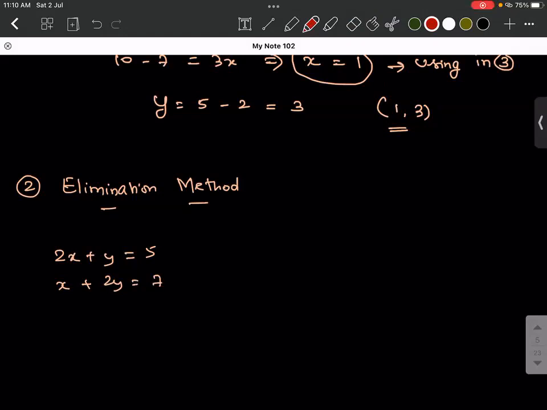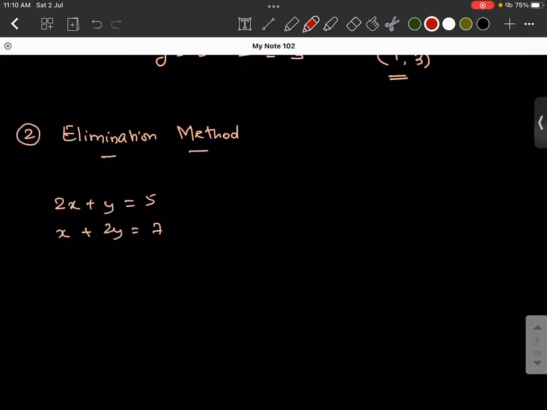Right? Now see, if I want to use the elimination method, you can eliminate any one of the variables. So if you want to eliminate any one of the variables, you take the LCM of those two terms and then multiply. So for example, if I want to eliminate x, the common multiple I'm able to see is 2. The coefficient of x here is 1, the coefficient of x in the first case is 2.